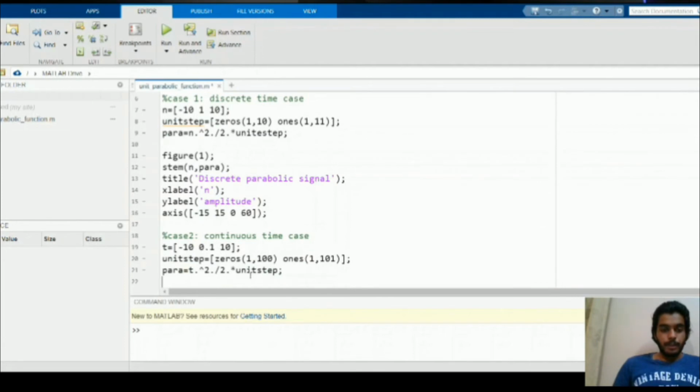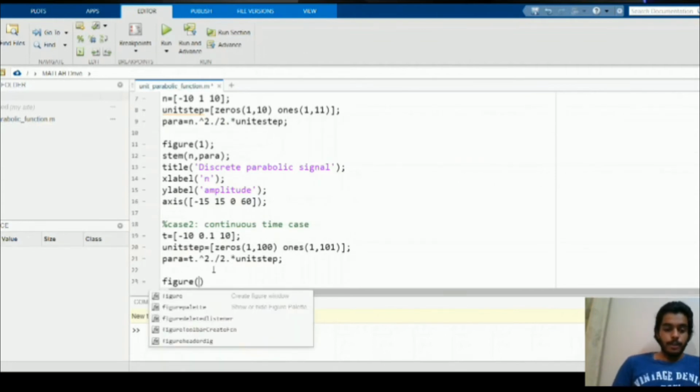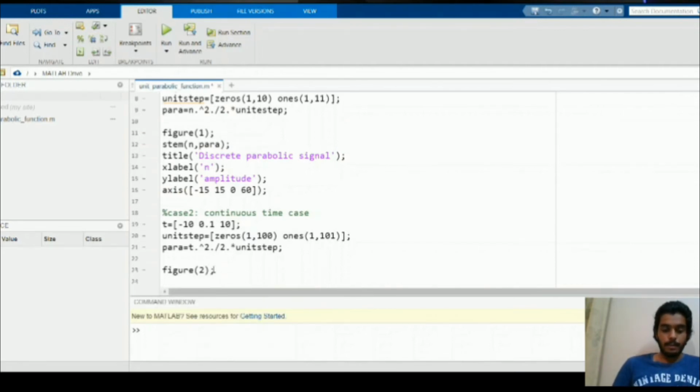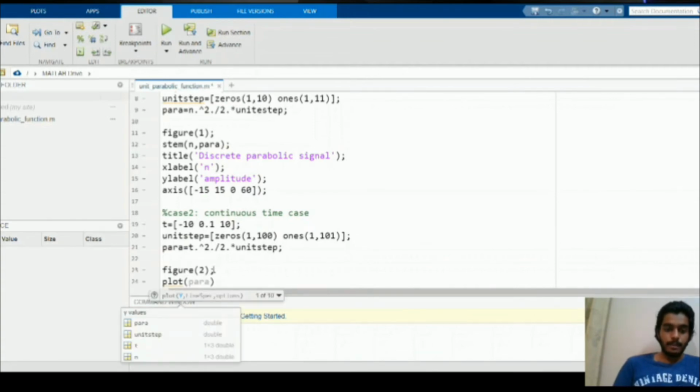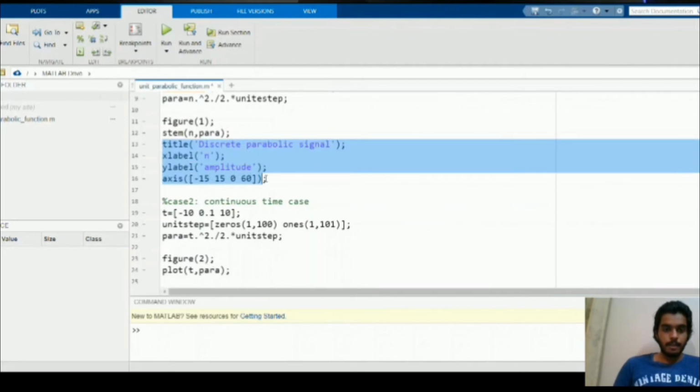Now we have finished defining our points and our function. Now we need to define our graph plotting. So figure 2, and it will be plot since it is the continuous time case, t comma para, and the title, x label and axis parts are all very similar.